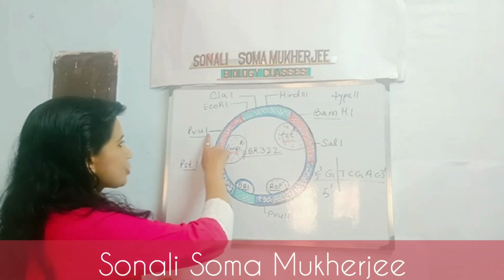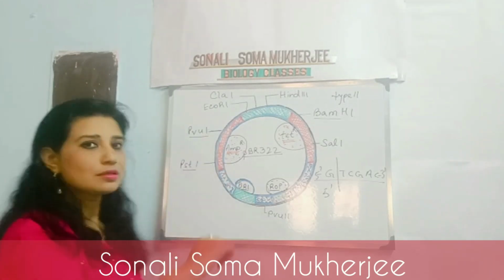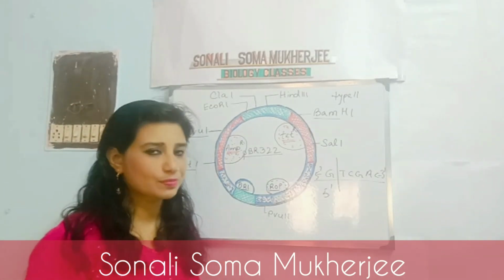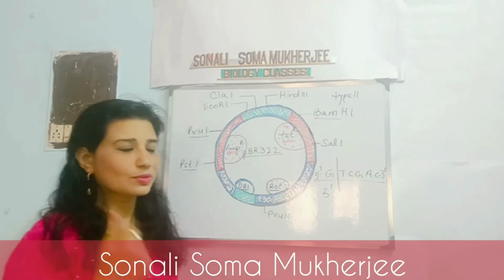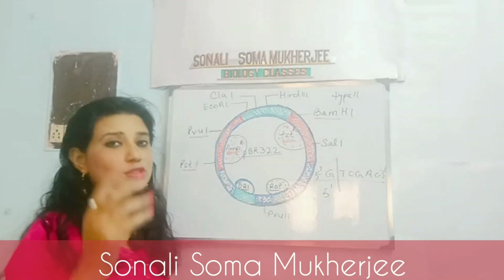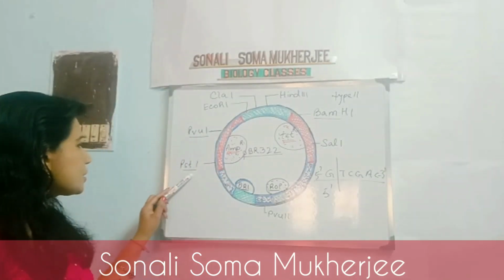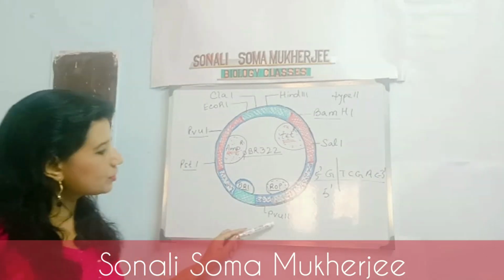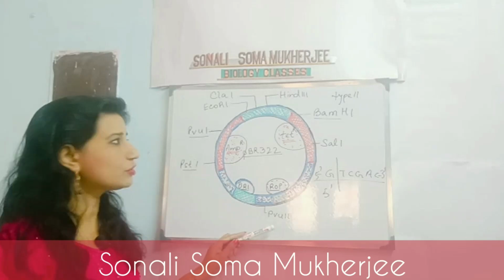It is nothing but the strain that has been used for the purpose of cleavage, and from where it has been isolated. Origin of isolation you can say. So I have taken the name of PST, and PVU1 also. PVU2 differs only in the strain.